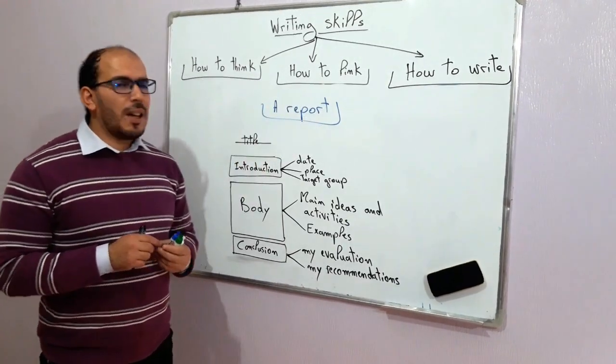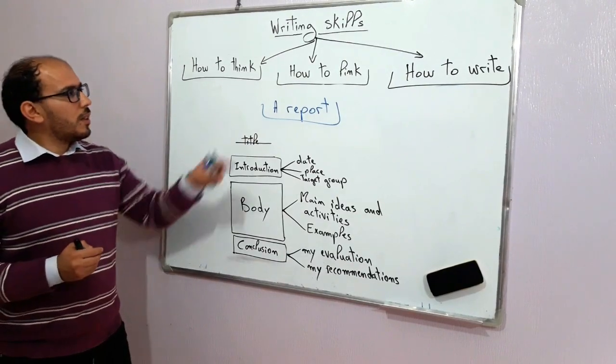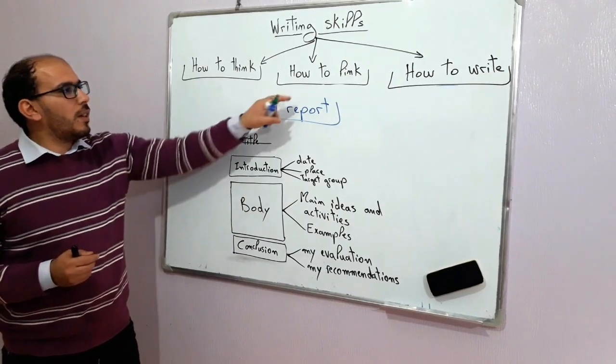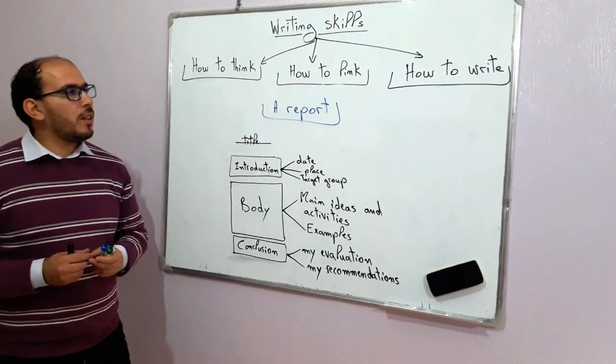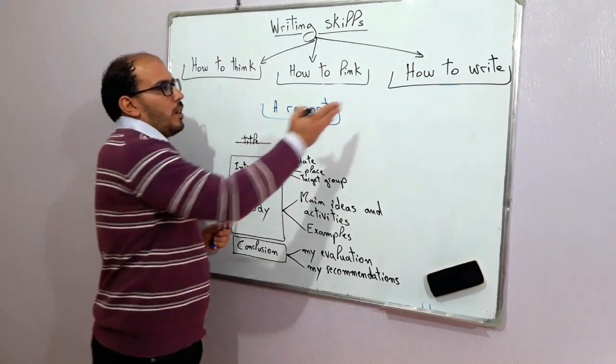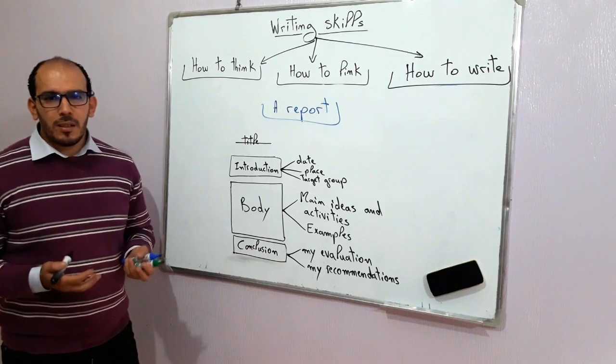Then we talked about how to link, and there are certain linking words that are very important, that I have to know along with their meaning, because they are very helpful when I want to link my ideas. The last thing is how to write, and it has to do with the text structure.